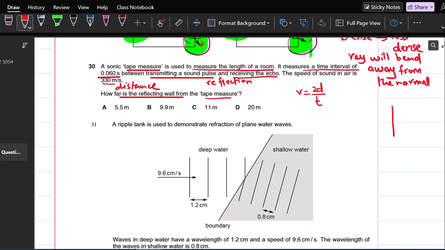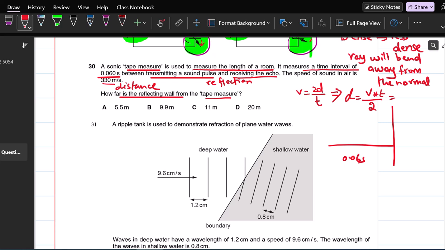So here we have a wall and a sonic tape measure is used. It takes 0.06 seconds to measure the distance. We have to arrange this formula to make distance the subject. So distance is equal to speed multiplied by time divided by 2.